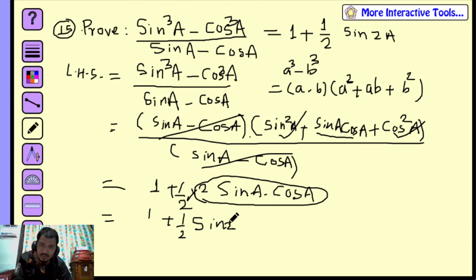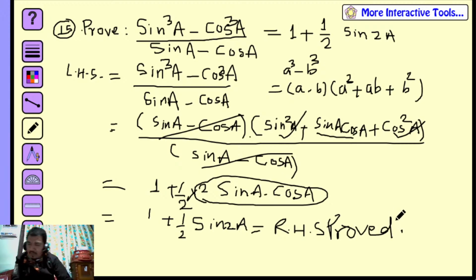Then it was our right hand side, okay, to prove. This is our right hand side, hence proved.